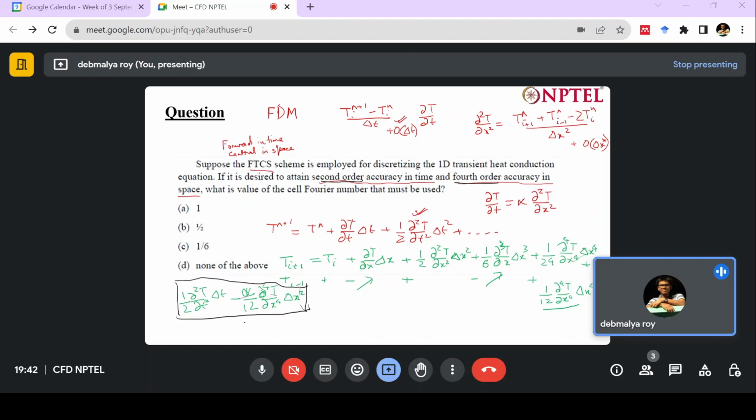But we have a time derivative here and a space derivative there. So that's a little bit of a problem. So let's try to use this governing equation to find expressions for this. For the time derivative, this should be pretty straightforward. This is alpha, this will be del T by del t equals alpha del square T by del x square.